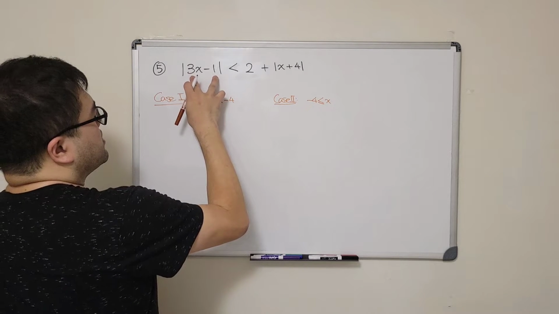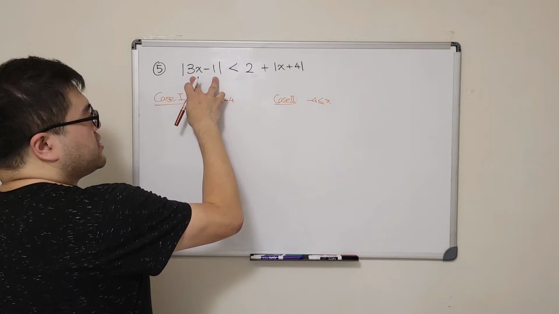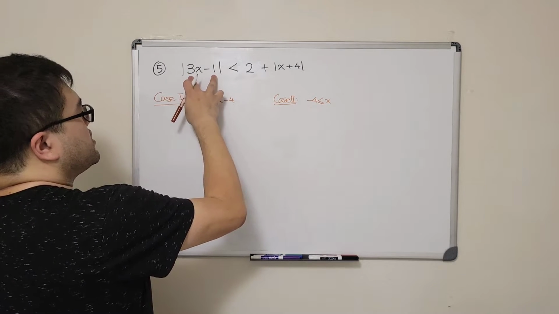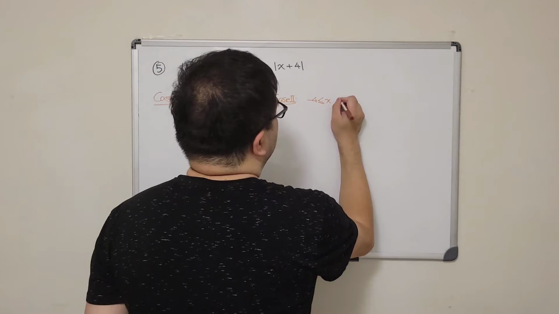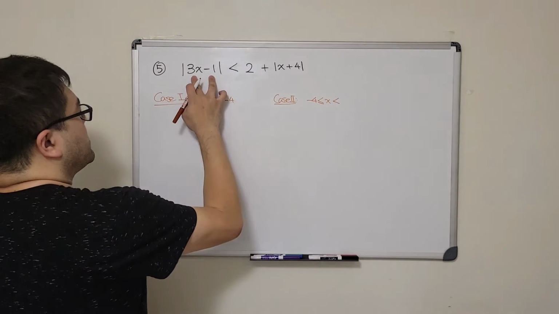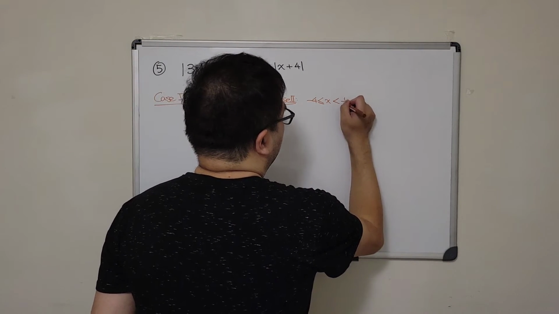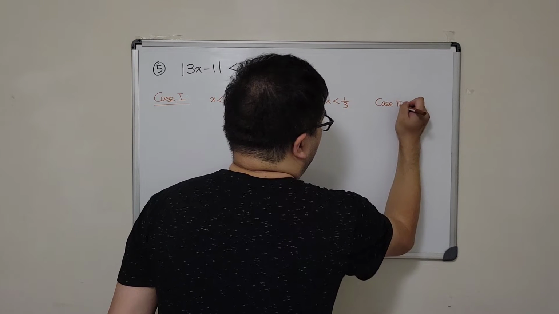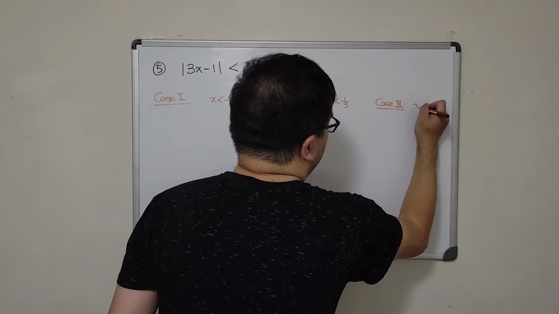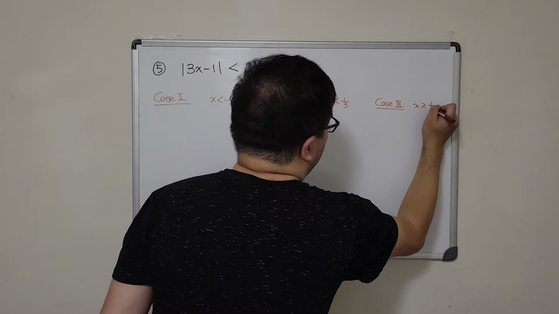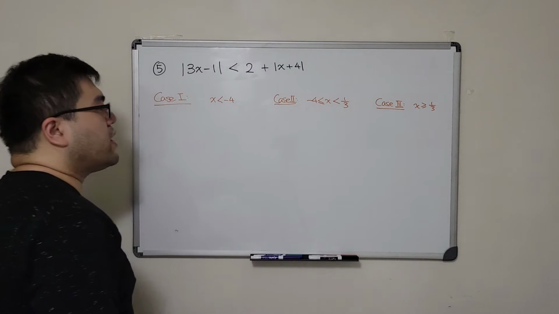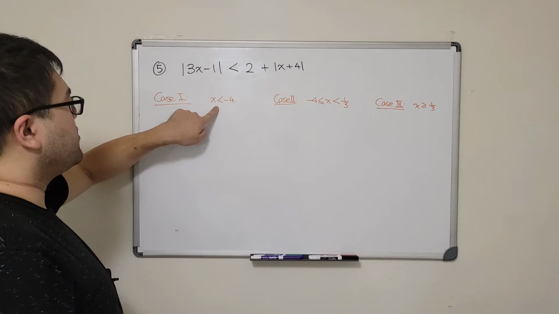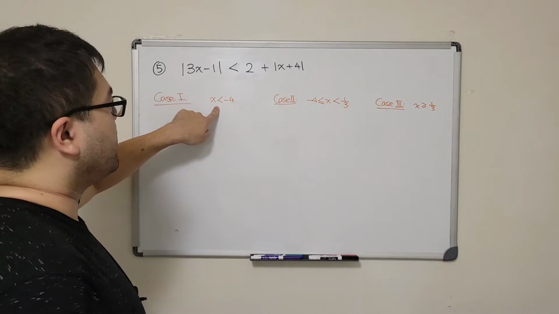So we'll suggest to split it into 2 more cases from here, meaning that now I'm saying this is less than 0. So we get x has to be less than 1/3. Now, of course, finally we need to have the last case where x is greater than or equal to 1/3. So let's double check why we just need 3 cases and not 4. If we notice, in the first case, x is less than negative 4.